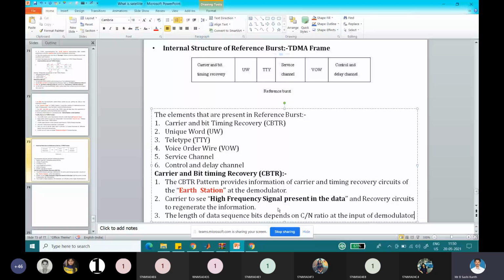Those bits received will be understood by the carrier and timing recovery circuits, and it will remove the high frequency carriers and recover the original data with the help of the circuit. So this is another point about CBTR. Next we are going to discuss the CBTR only.